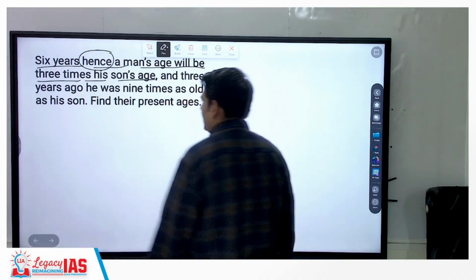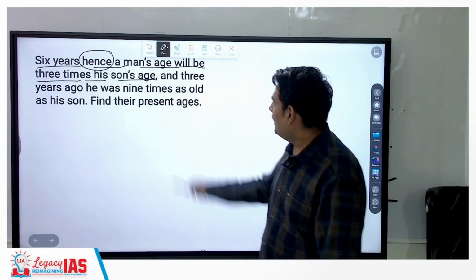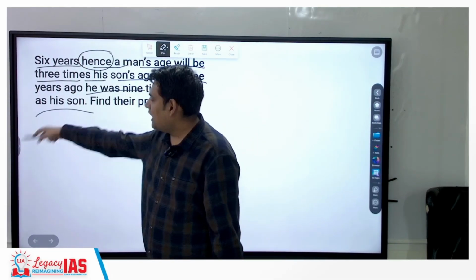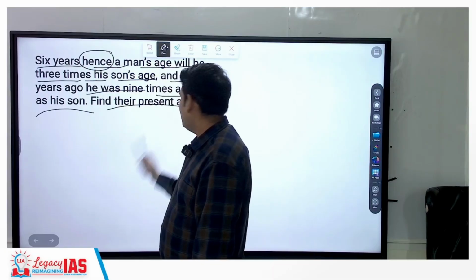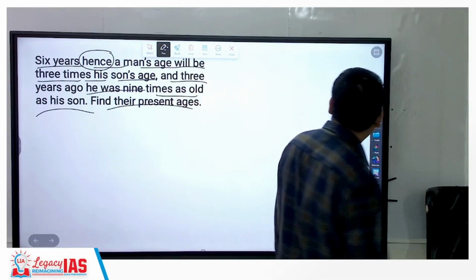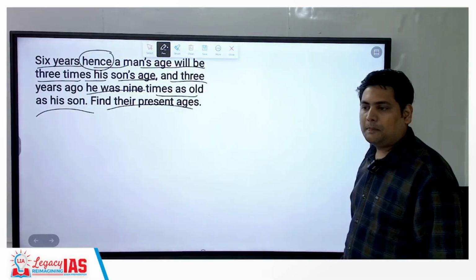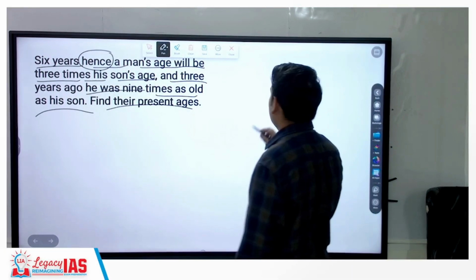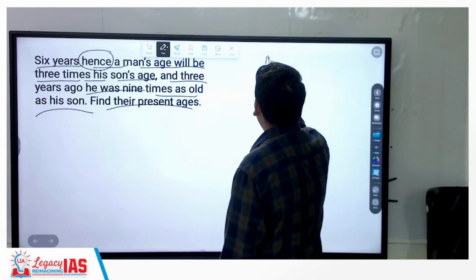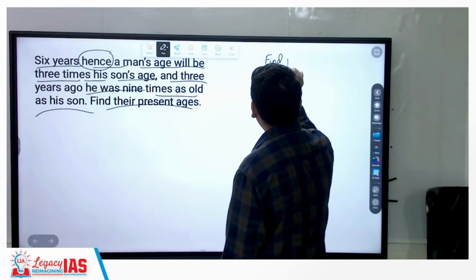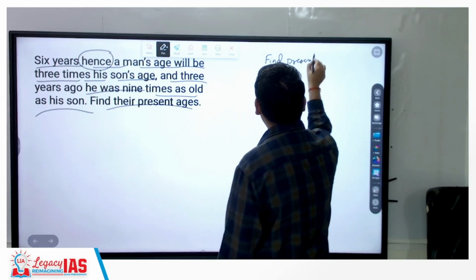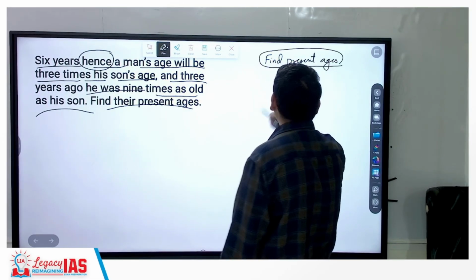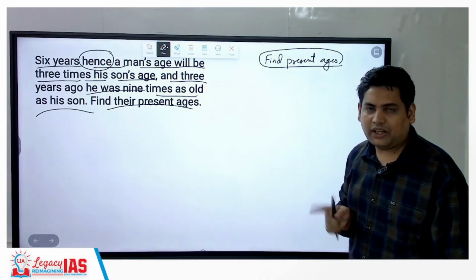A man's age will be 3 times his son's age, and 3 years ago he was 9 times as old as his son. Find their present ages. Now what is asked? To find their present ages. Correct?